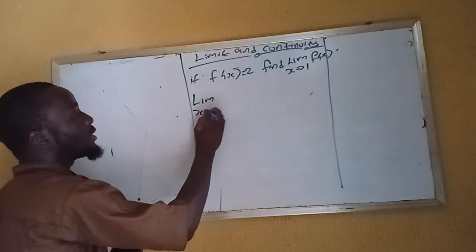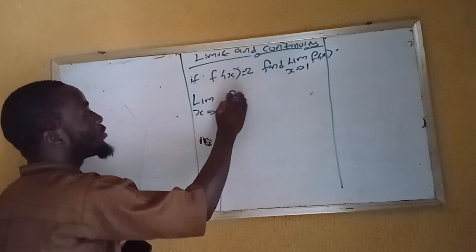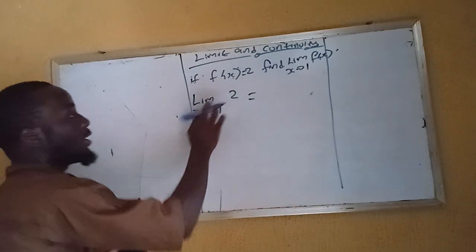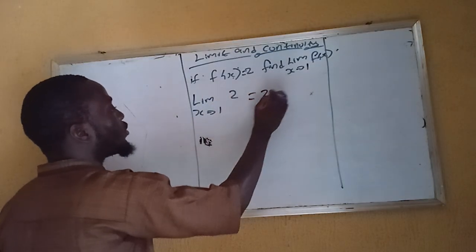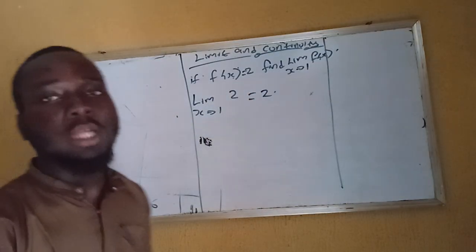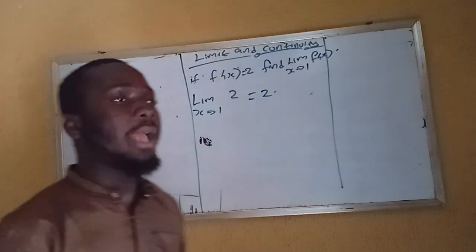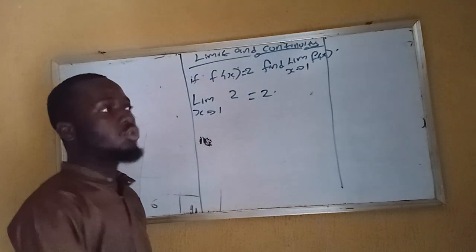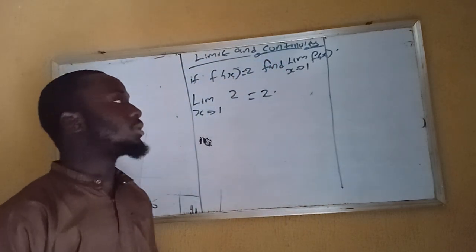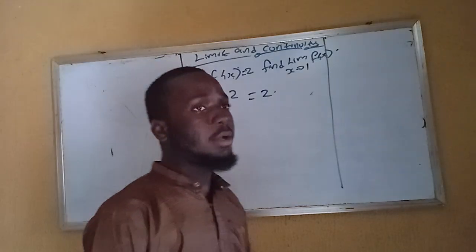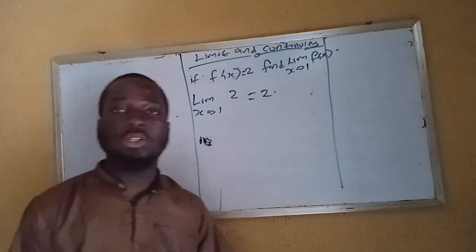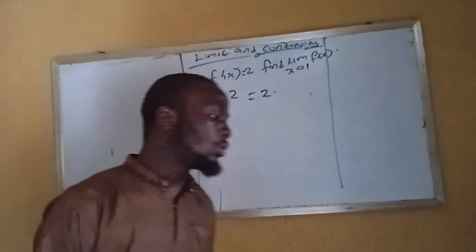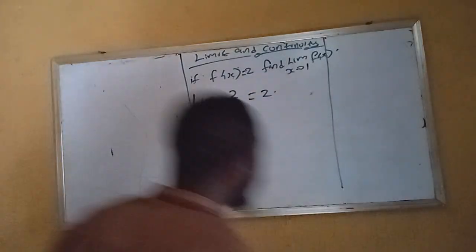Limit x tends to 1 of f of x is 2, so the limit as x tends to 1 of 2 is still 2. So the limit of the constant is the constant itself. The limit of a constant as x tends to a particular number is still the constant itself. You can take note of that.